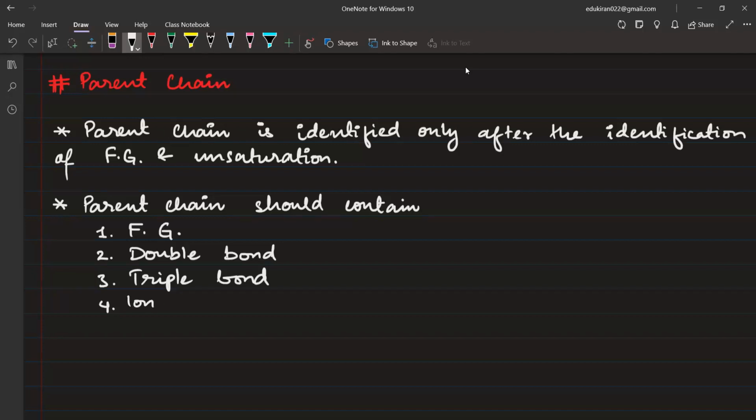Which is the last priority? Longest carbon chain is the last priority. Okay. Longest carbon chain.